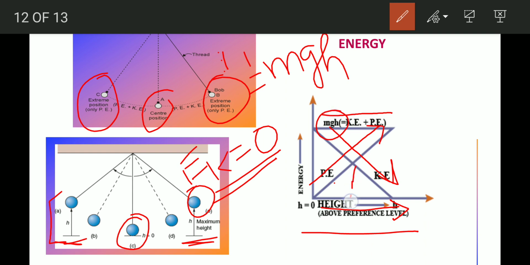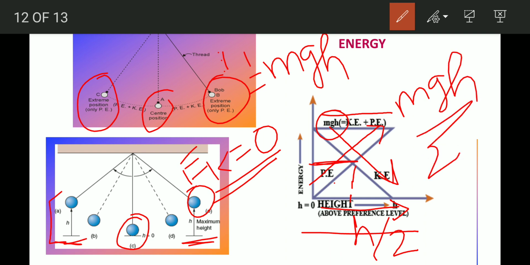At the midpoint where both of them intersect, at height h by 2, the total energy is mgh, but potential energy and kinetic energy are equal over here, each being mgh by 2. So this graph represents the variation of kinetic energy and potential energy with height above the ground.